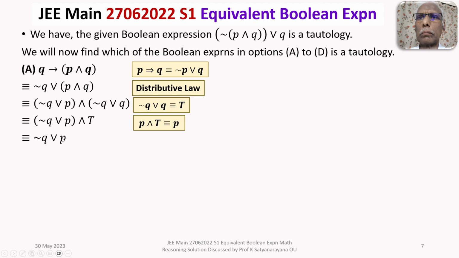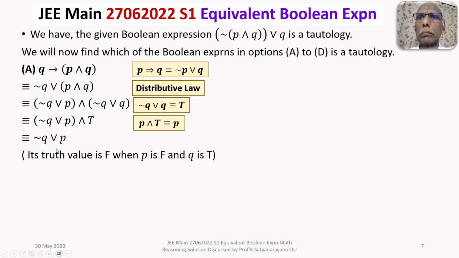Agreed. Suppose we take P truth value false, and Q truth value true. Then the negation of Q will be false, and false or false is false. So this will return the truth value false when P is false and Q is true.